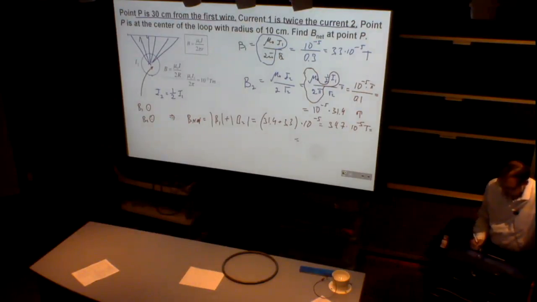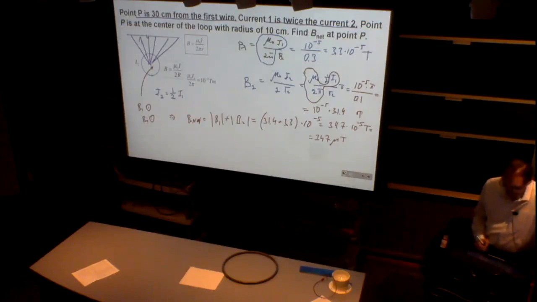On Weber sign probably should have been converted into, I don't know, nothing really. 347 micro Tesla times 10.